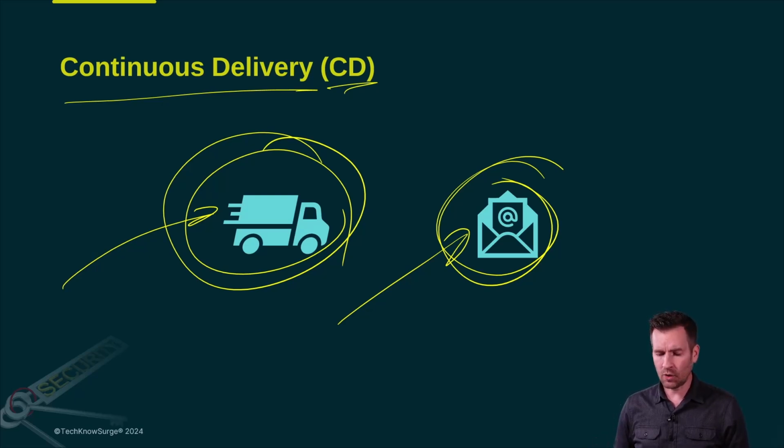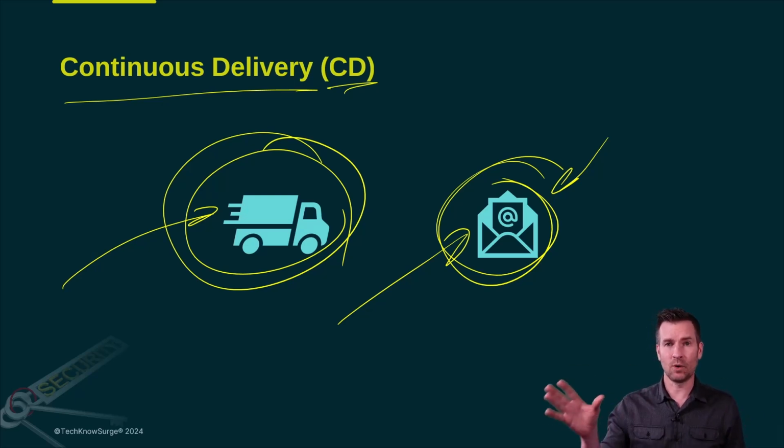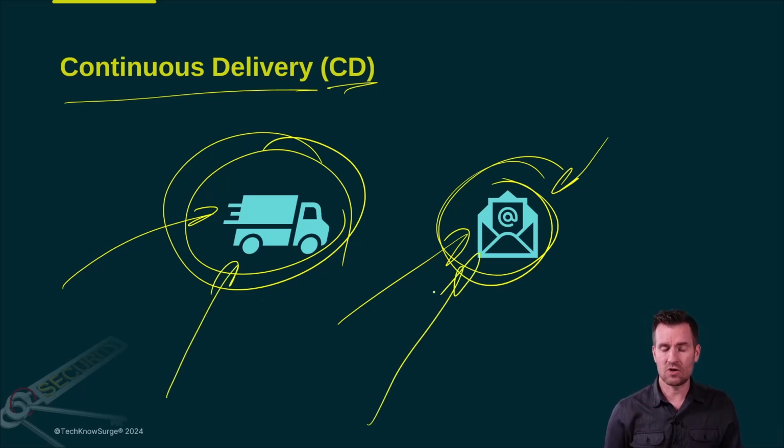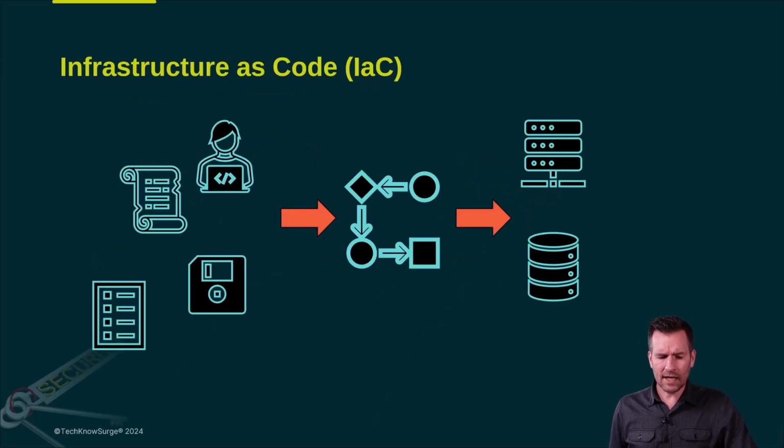Versus continuous deployment means that as soon as somebody's done developing the code, they hit a button, it deploys, and there's pros and cons actually to both of these methods. There are advantages and disadvantages of each of these, but this is a common delivery method that we see with software nowadays.